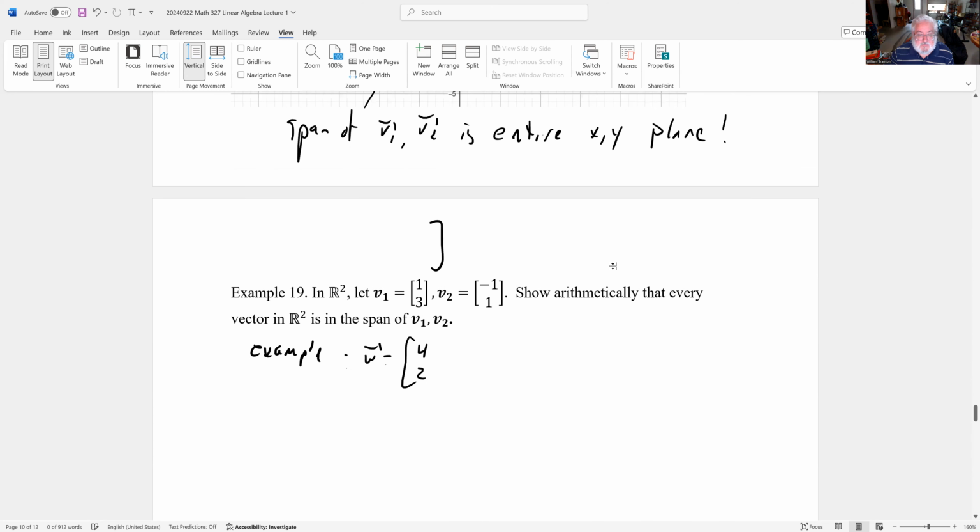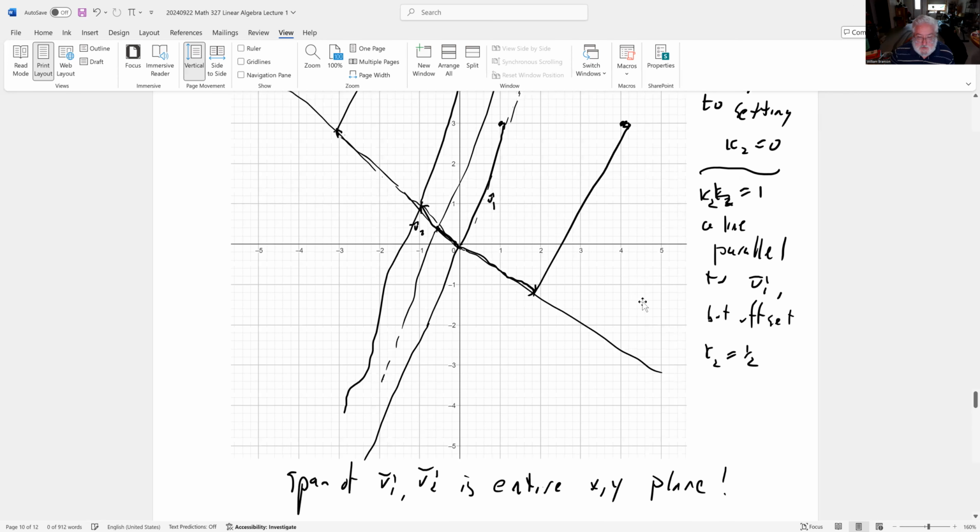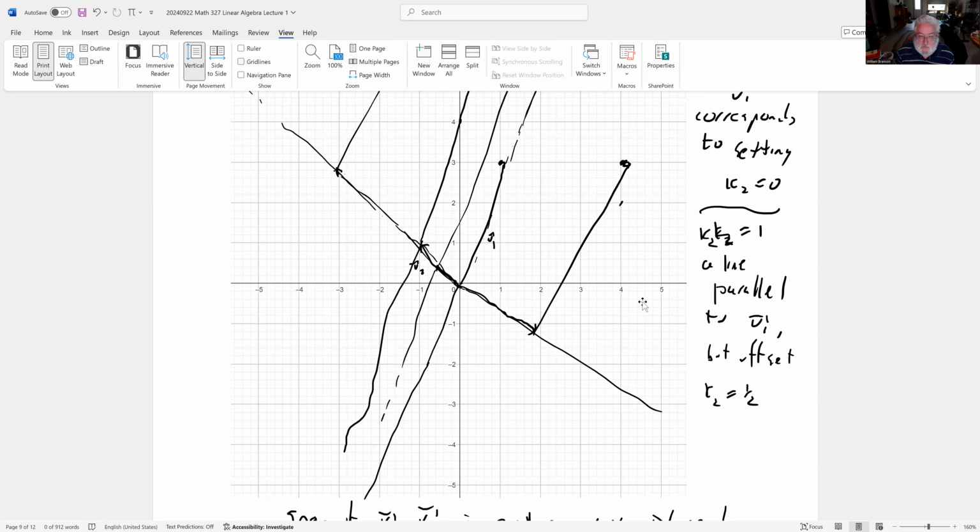Right? And so 4, 2 is this point here. So we're looking at this vector. Can I get to this vector by going along V2 and then parallel to V1? And yeah, it looks like I should be able to go in the negative direction of V2 down to about here, and then out to about there. So my K2 is telling me how far to go this way. My K1 is telling me how far to go this way.